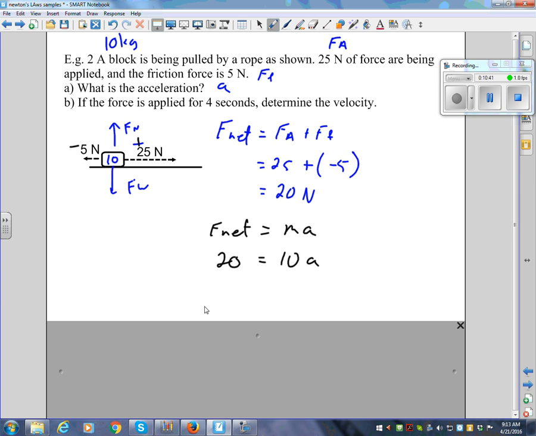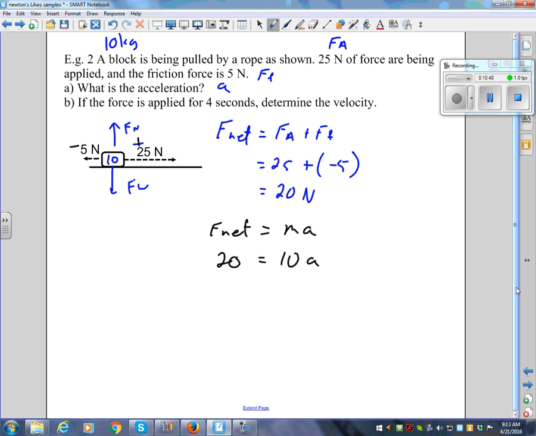This has to be automatic, without thinking, like breathing. You have to know how to solve that. A is equal to 20 divided by 10. 2 meters per second squared. If you don't know how to do that, you and I need to sit down and talk about solving equations.